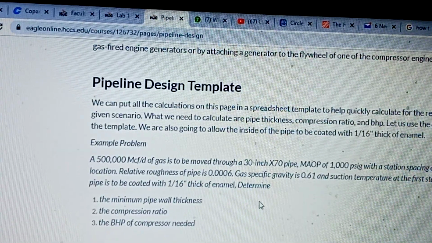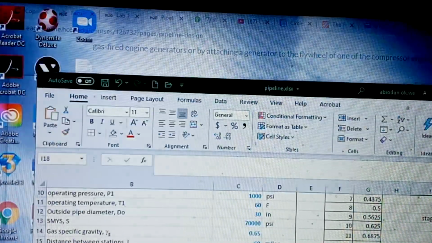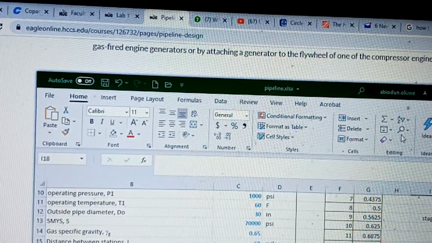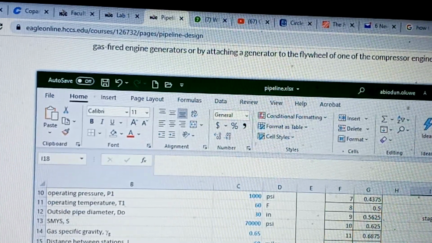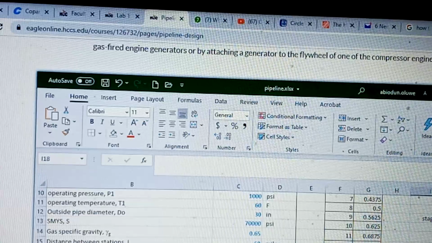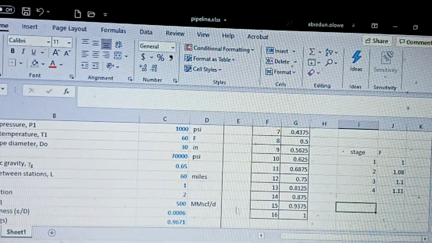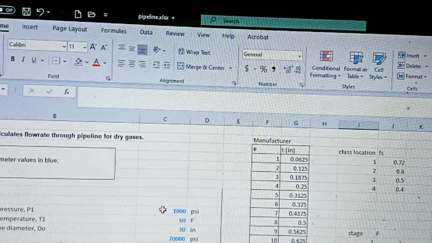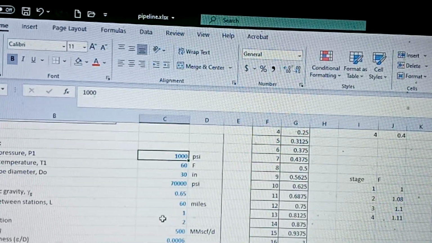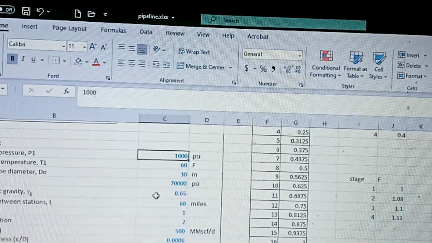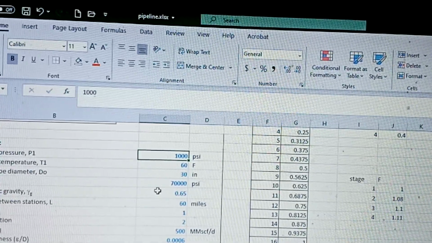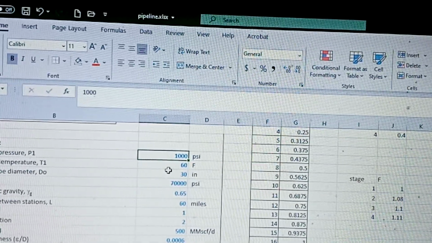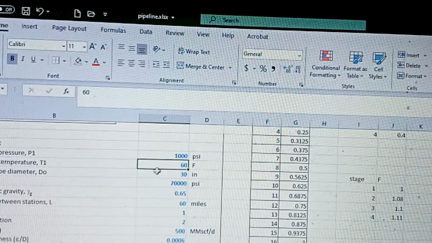So let's open the template. There's the template. I've already filled in some values. I have 1,000 psi, that's the maximum operating pressure. I have 60 Fahrenheit.